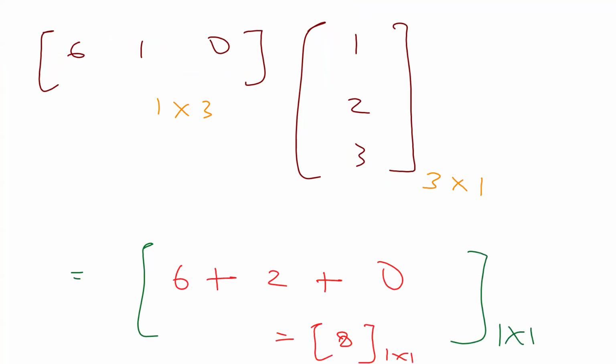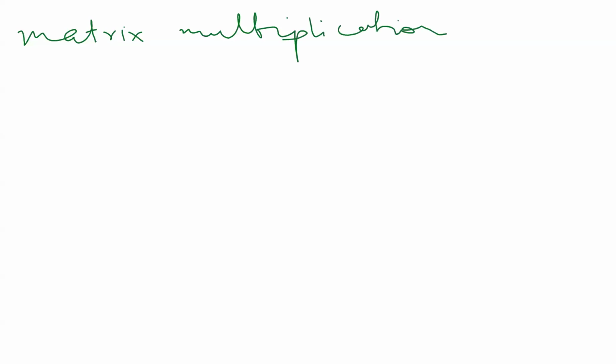So this was matrix multiplication, multiplication of two matrices. I'm sorry, mapping.